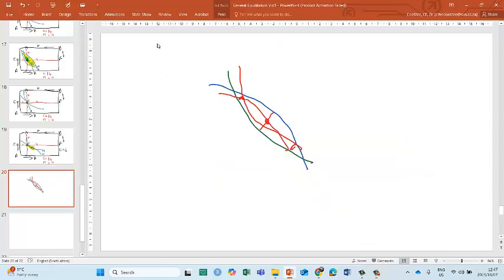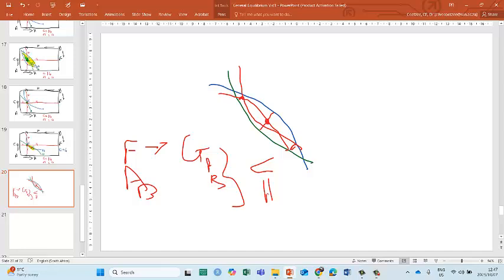The point is, they're going to move from point F to point G. So what happens for A and for B when they go from F to G in terms of Cokes and haircuts?